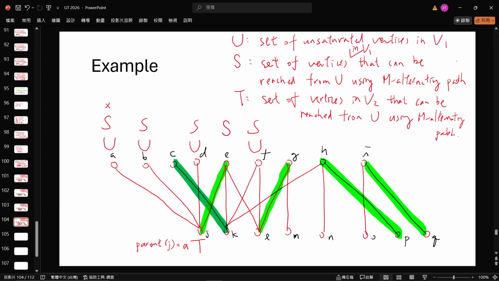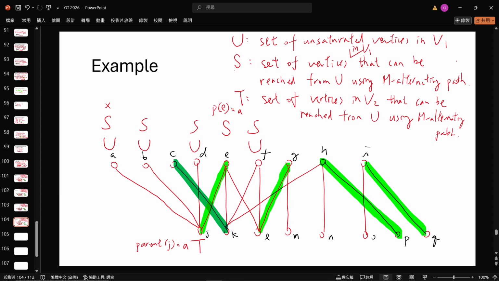This means this vertex E is also in S. I'm going to write PE. So the parent of E is A. And that's it, that's the first round.